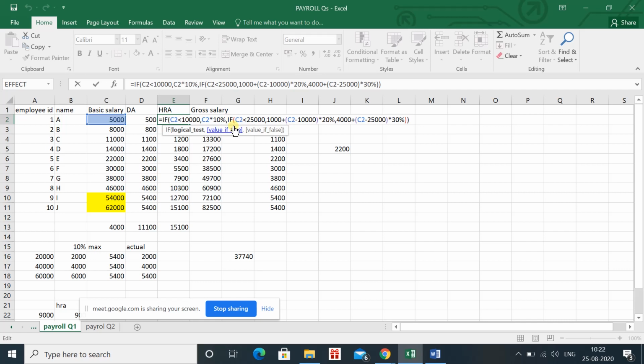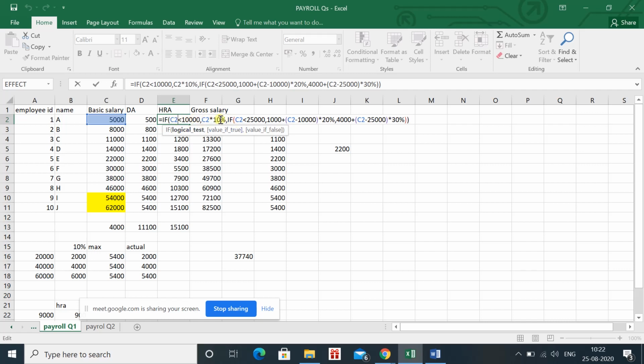Because the rest of my salaries are above 10,000, except 5,000 and 8,000, all the values are above 10,000. So I can have other values also, so I have applied another if function.